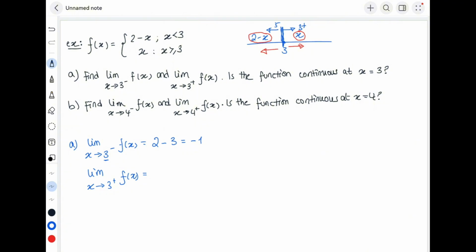So our function is x, and x is 3. Our two values are negative 1 and 3, and they're not equal. So the limit as x tends to 3 minus is not equal to the limit as x tends to 3 plus, so the function is not continuous.